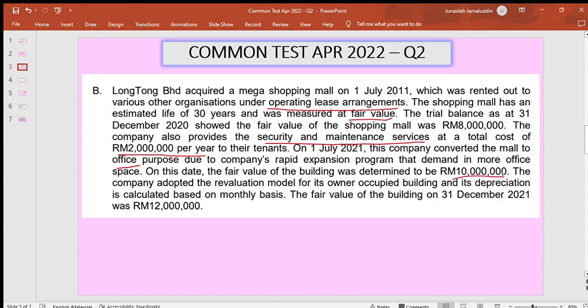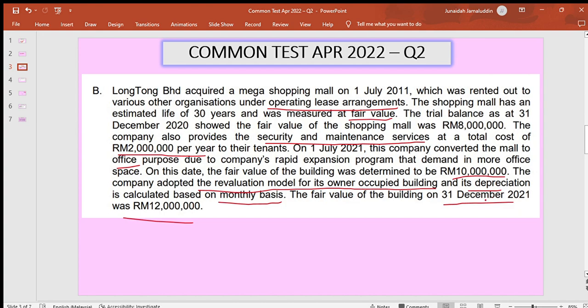So the fair value on the date of transfer is also given, which is 10 million, right? And the company adopted the revaluation model for its owner-occupied building, and its depreciation is calculated on monthly basis, right? So for the owner-occupied property or PPE, the company adopts revaluation model. And the fair value of the building on 31st December 2021 was 12 million, right? So the fair value of the building on 31st December 2021 is also given.